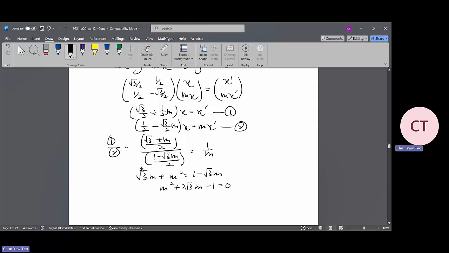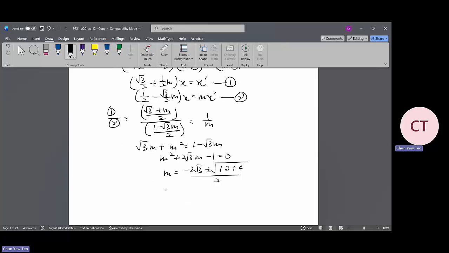That is your m. But we need to find, this is the m square. Okay, we need to find the m using the quadratic formula: negative b plus minus square root of b square minus 4ac divided by 2a.